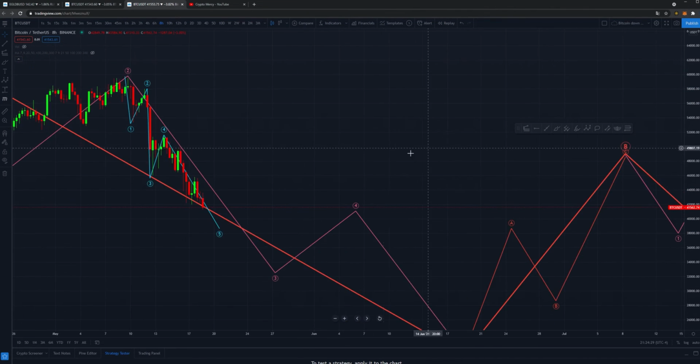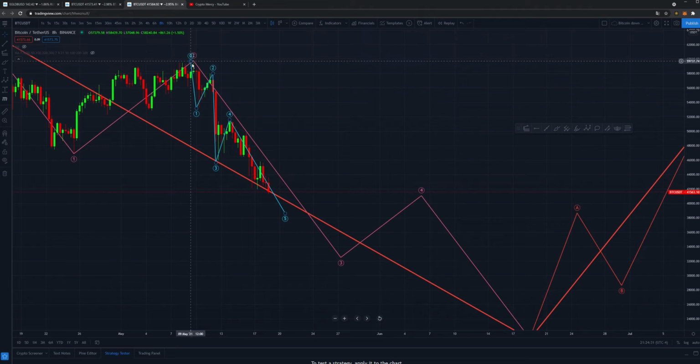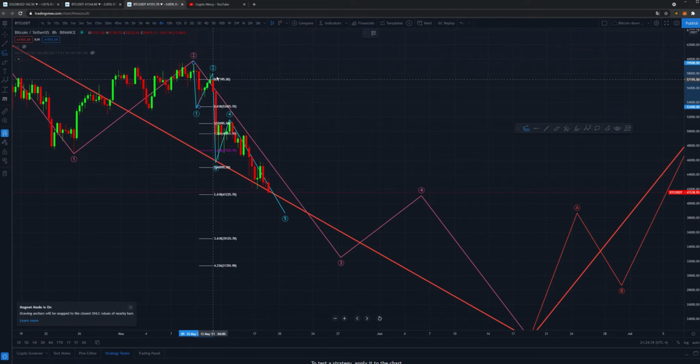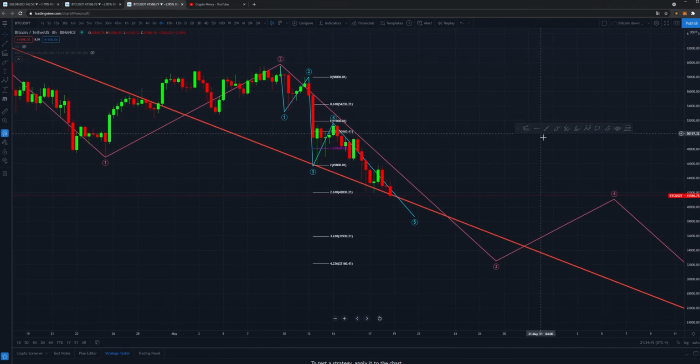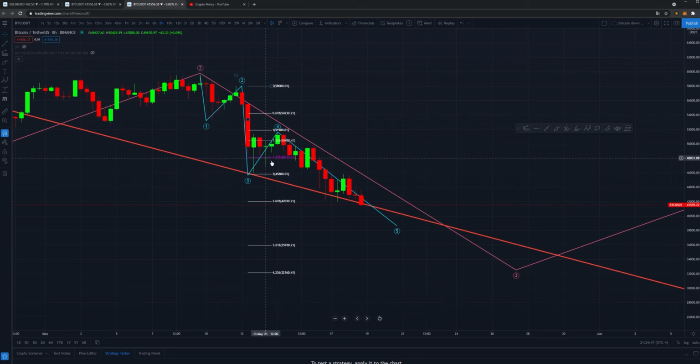Okay, how can you find the destination? This is very easy. You take your Fibonacci tool, you take the top of wave 1 and the bottom of wave 2, and like you see here, I'm going to zoom in. Bitcoin was stopped by the 1.618 of Fibonacci, which is a perfect target for wave 3.